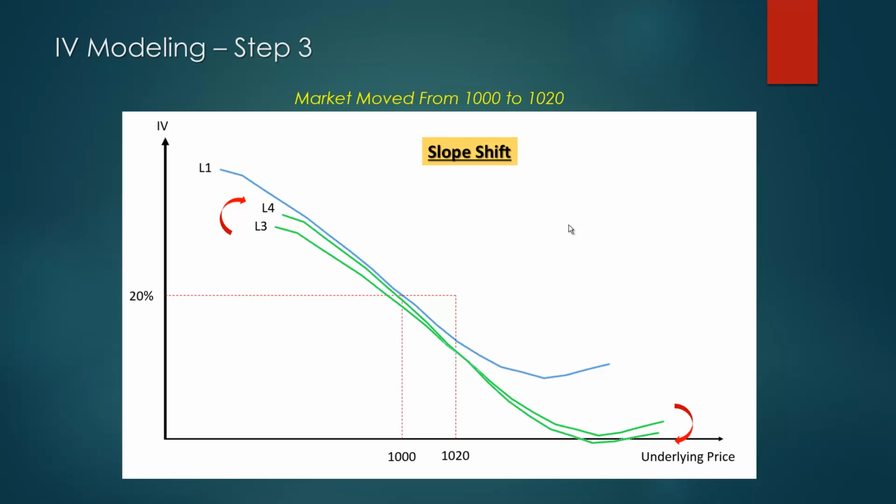Steepening means a clockwise rotation. Whereas the reverse is true when the market drops, the IV will go up and the volatility skew will do a counterclockwise rotation, which is flattening. So these three-step concepts are important because we'll be using them to explain some of the features in the analysis later.